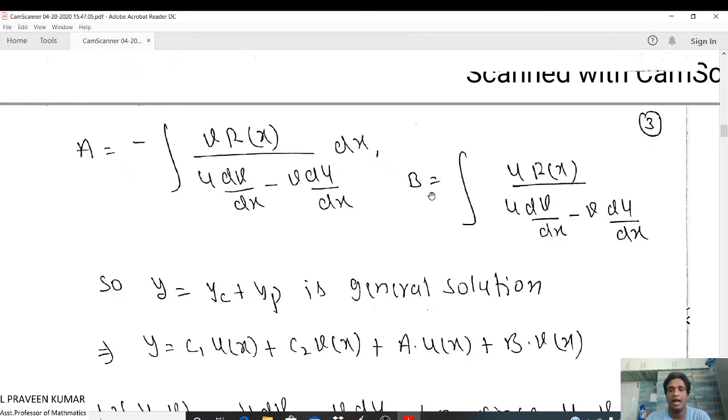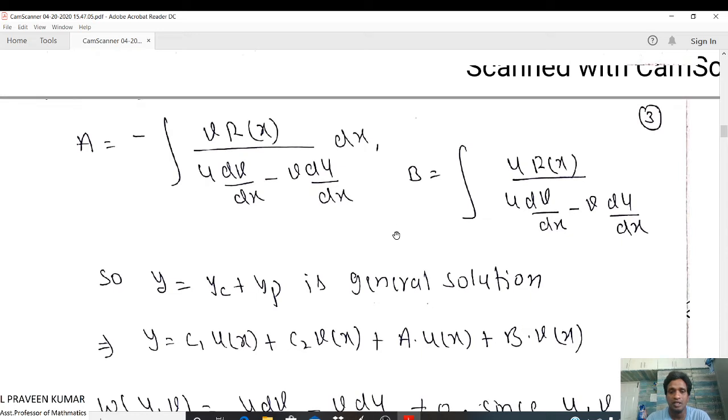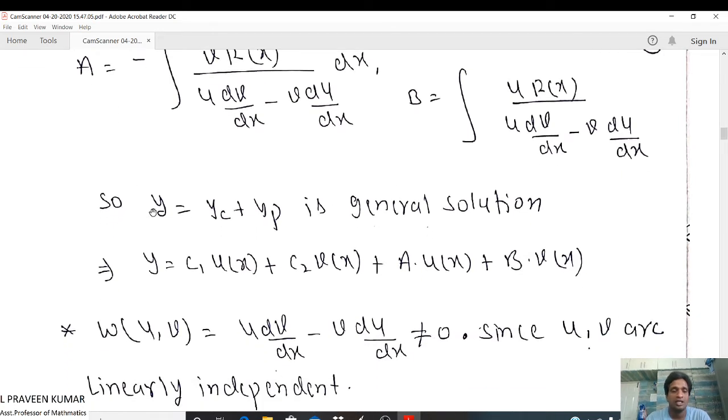These are the a and b values. So at last we can write the general solution as y is equal to yc plus yp, where yc is c1 u of x plus c2 v of x, and yp is a into u of x plus b into v of x.